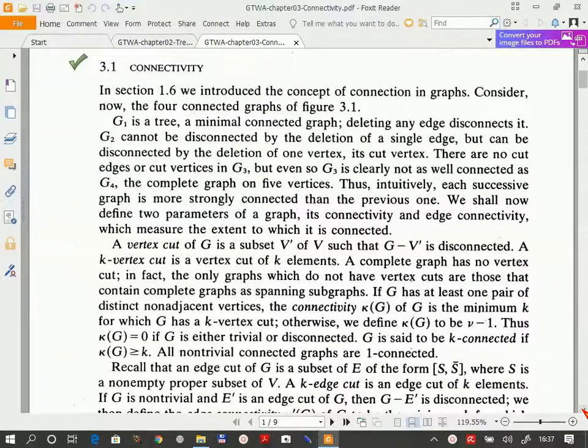As I mentioned, either Dijkstra's or Kruskal's algorithm give me something which is minimal, okay? And so if you break one of these edges, one of these connections, your graph becomes disconnected, okay?